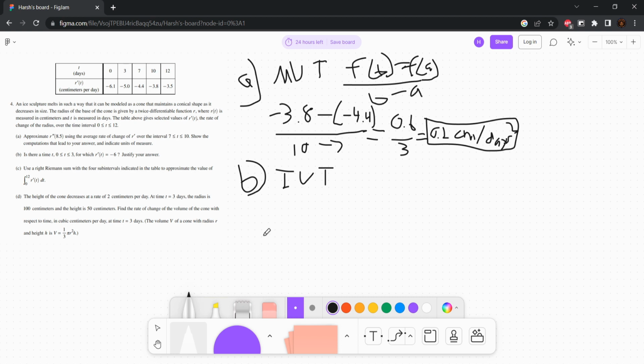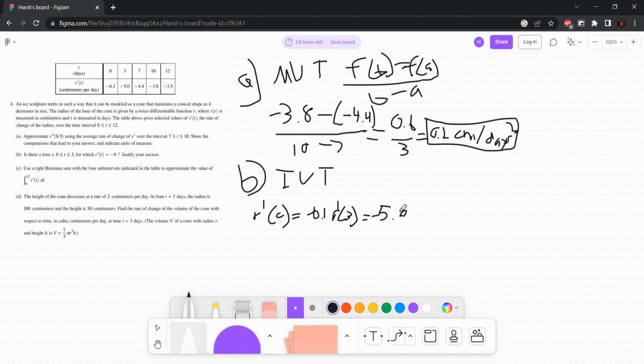So using IVT, since it asks for 0 and 3, we know that r prime of 0 is equal to negative 6.1, and r prime of 3 is equal to negative 5.0.